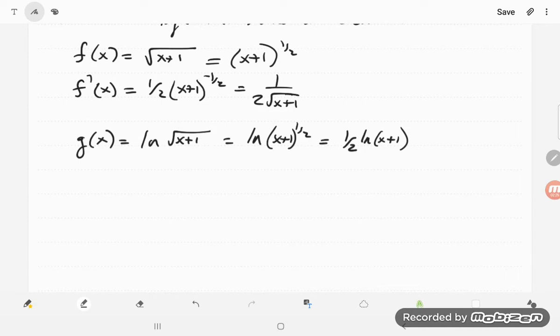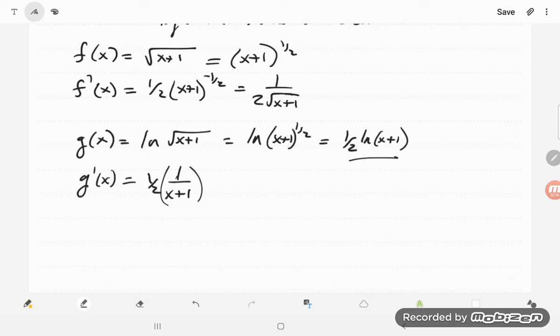So g prime of x is 1/2 times 1/(x plus 1) times the derivative of x plus 1, which is just 1.